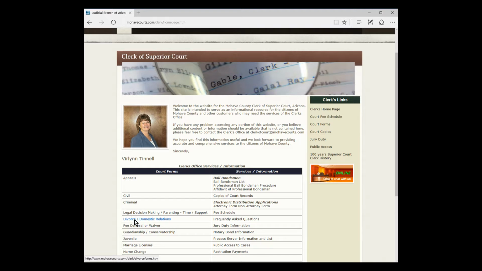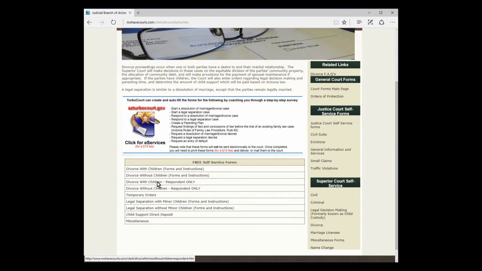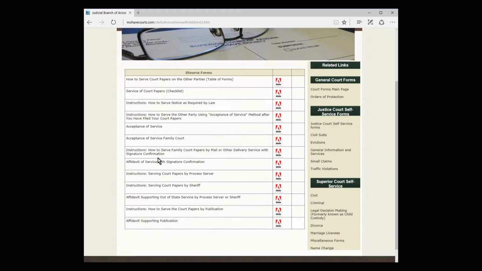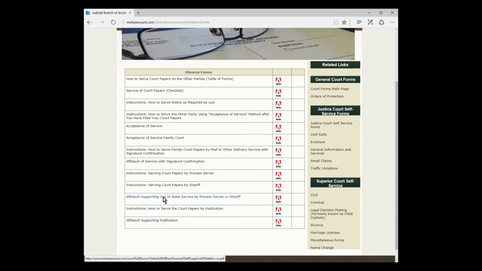In each method of service of court documents or circumstances, the intended recipient has a certain time frame to reply to your legal actions. In every method, with the intended recipient residing in Arizona, the recipient has only 20 calendar days to reply, including holidays and weekends.